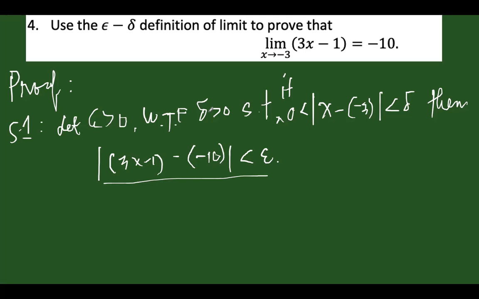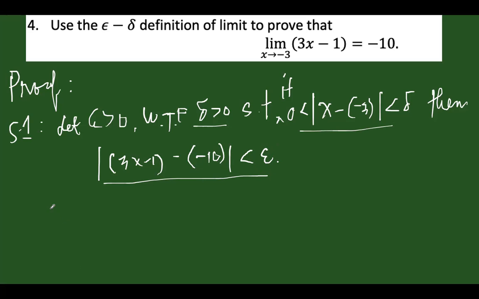And for us to find the value of delta, we need to express it in terms of epsilon. And to do that, we need to express this in terms of this. So we will be starting from this inequality.